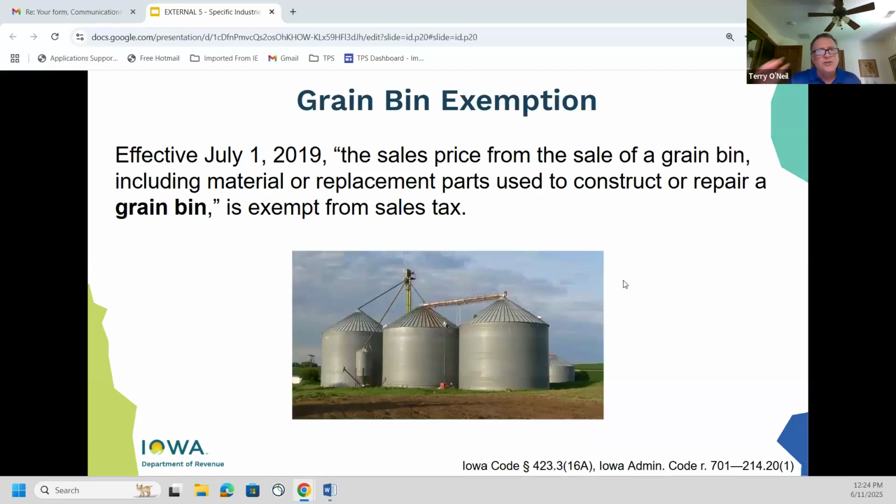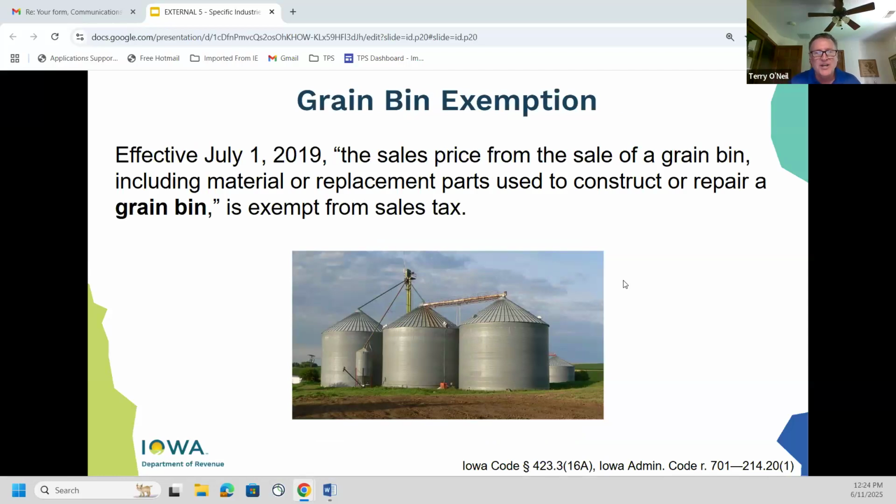I don't know if any of you do any work for farmers, specifically grain bin installation or grain bin construction. Just wanted to make sure that everybody is aware of this. I can't believe it's been around this long. It seems like this just started yesterday, but it was July 1st of 2019 that grain bins, including the materials and replacement parts used to construct or repair a grain bin, became exempt from sales tax.